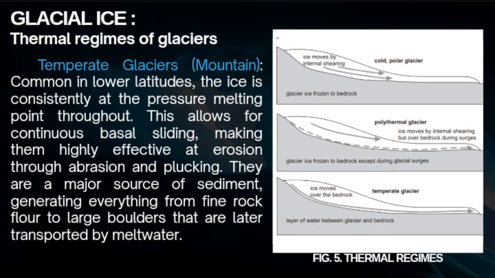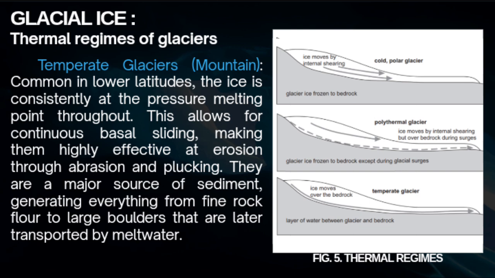Lastly, we have temperate glaciers. Commonly in lower latitudes, the ice is constantly at the pressure melting point throughout. This allows for continuous basal sliding, making them highly effective in erosion through abrasion and plucking.